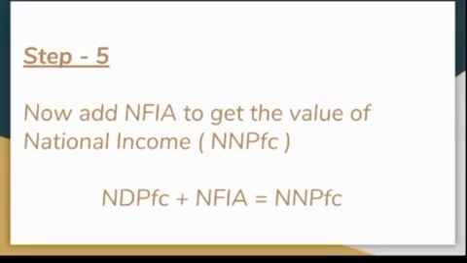So simply we will add NFIA, net factor income from abroad, to it, and we will get the value of NNP-FC, which is our national income. So these were the steps through which we could calculate national income by value added method.